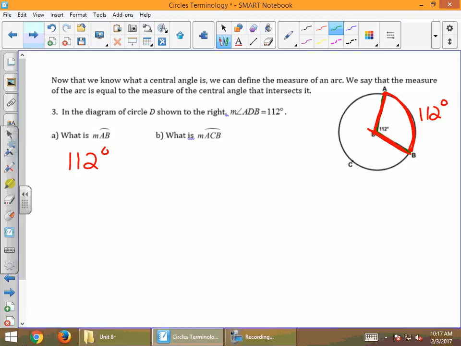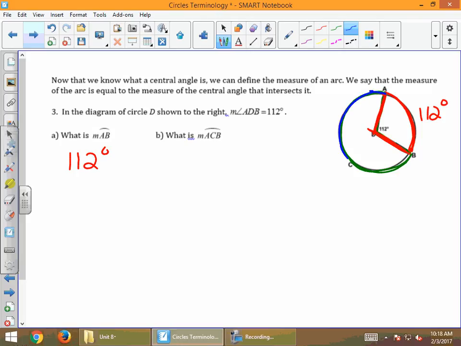What is the measure of arc ACB? How do we get that? Yeah, because we don't have the central angle for that arc, right? So to figure out what the measure of that arc is, if we did a full circle, again, what's the measure of a full circle? 360.